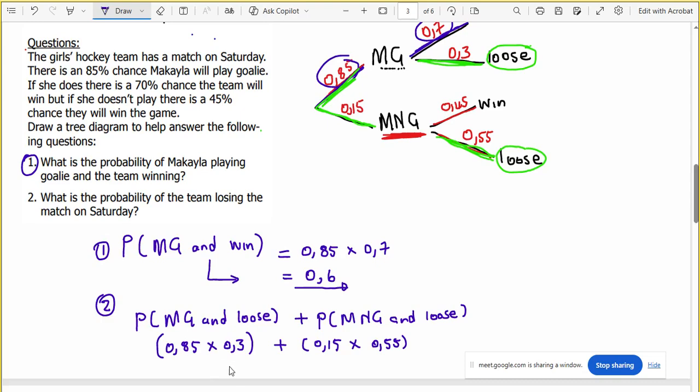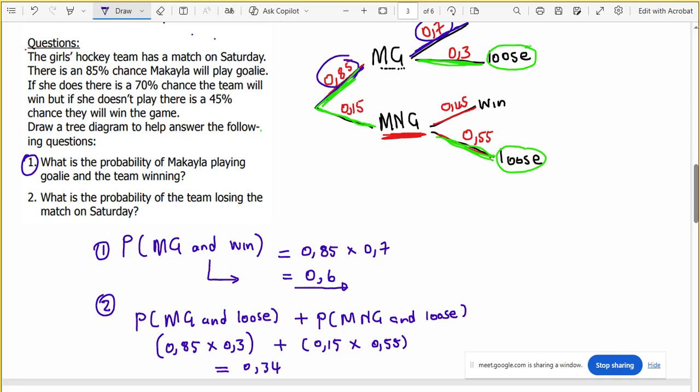If you do this correctly on your calculator, it should give you 0.34. That's the probability that the team loses on Saturday. So the probability is 0.34.